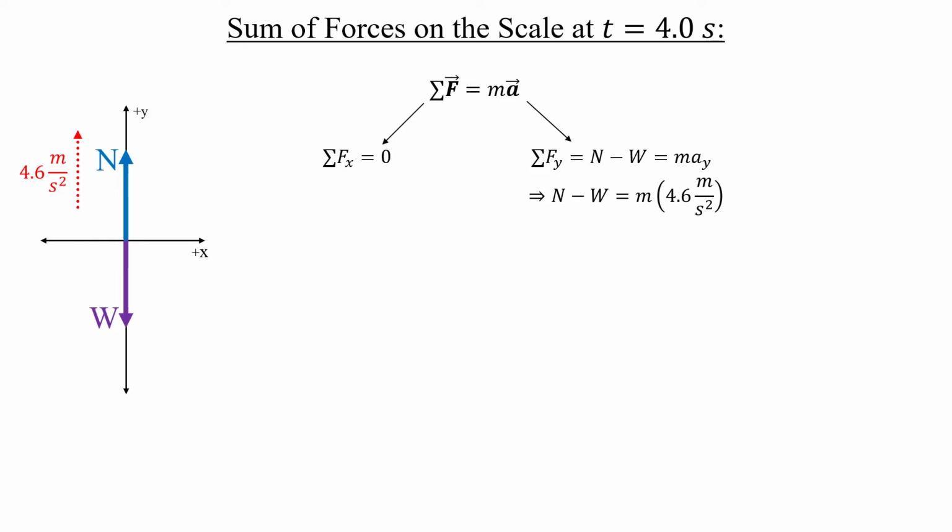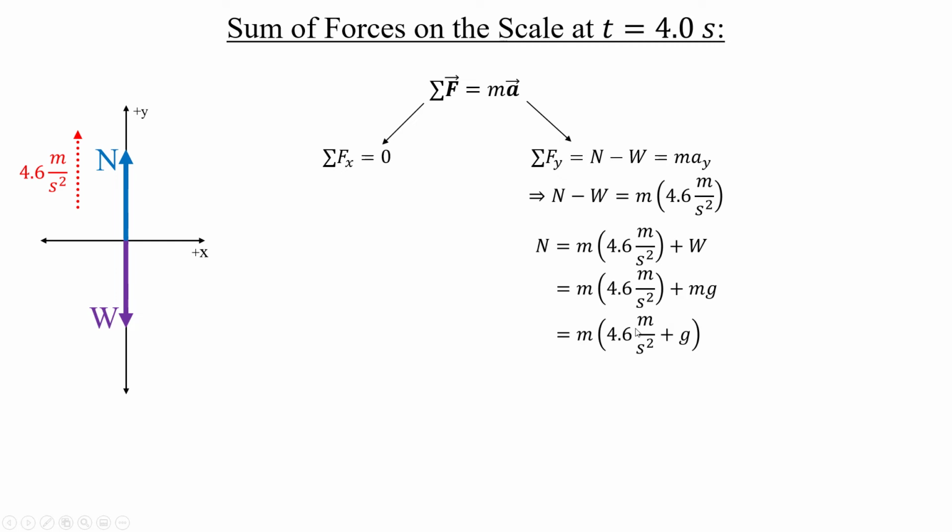We can move the weight to the other side of the expression, like this. And next, to get a clearer picture of what's happening, I would recommend rewriting the weight as mg. So notice we have a mass in both pieces here that we can factor out, which I'll do next in this line here.